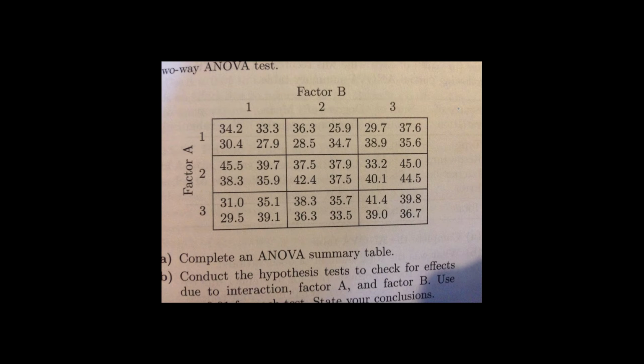So you can see that we have a 3x3 design. It's obviously a two-way Anova. 3x3 design because factor A has 3 levels and factor B has 3 levels. And to be consistent with the calculations that we're making in terms of rows and columns, I've set up factor A in my rows and factor B as my columns.